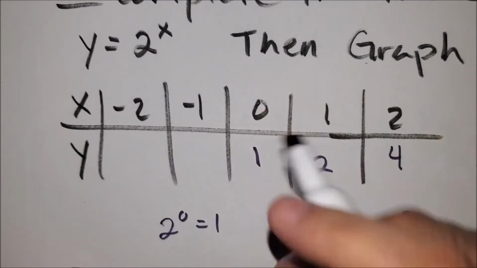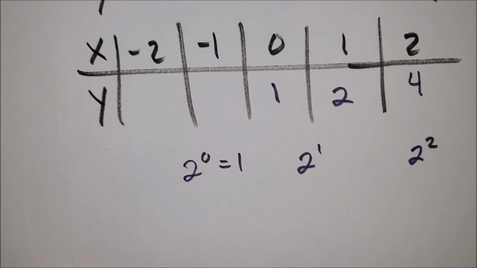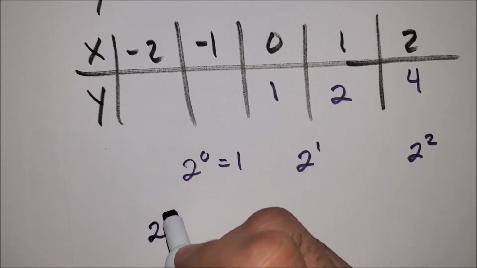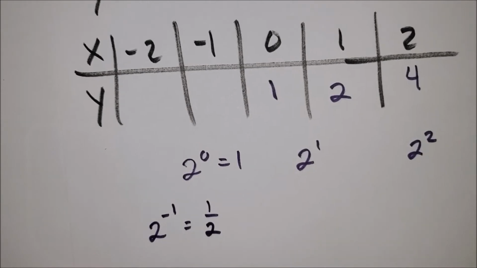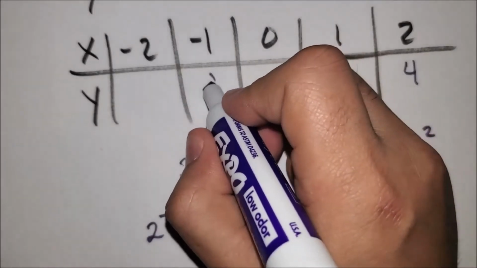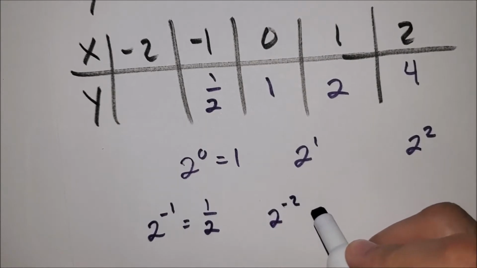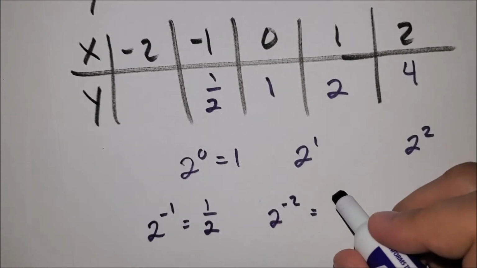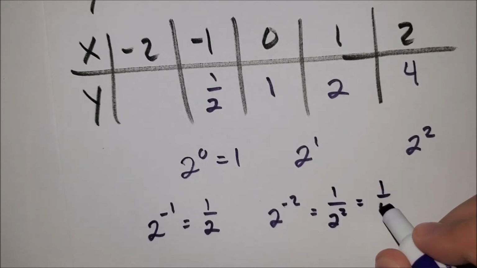So let's talk about these negative ones. When x is negative 1, we get y equals 2 to the negative 1. This is 1 over 2. Then when we get negative 2, 2 to the power of negative 2, we get 1 over 2 squared, which is 1 over 4.